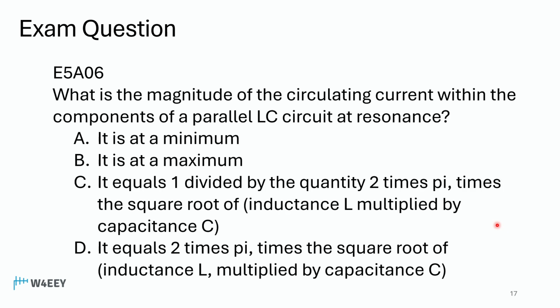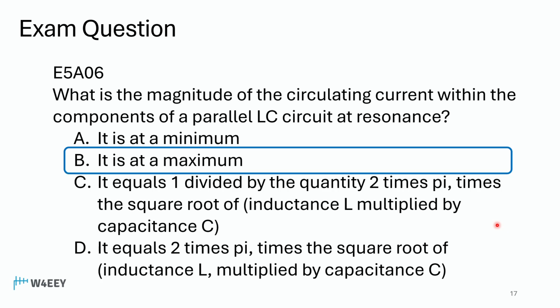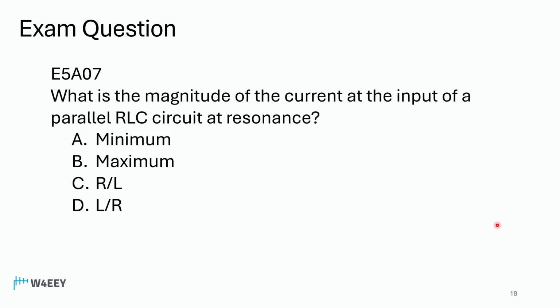Yes. What is the magnitude of the circulating current within the components of a parallel LC circuit at resonance? Bravo. Yep, bravo. It is at a maximum. The coil and capacitor are just beating each other to death, exchanging energy between the two. Now, what is the magnitude of the current at the input of a parallel RLC circuit at resonance? For this, you need to kind of remember the graphs that we showed you, or reason it out.